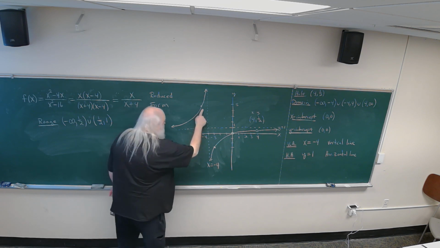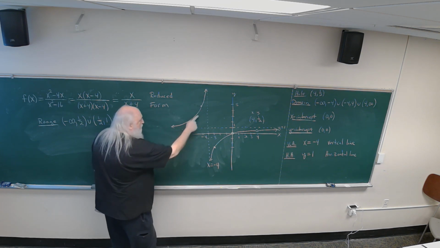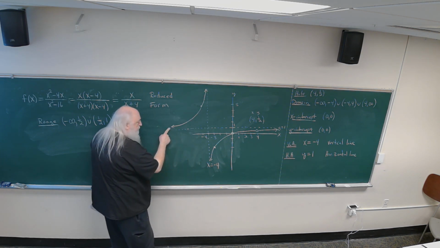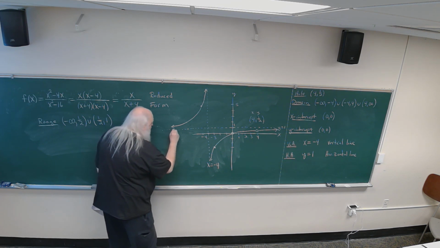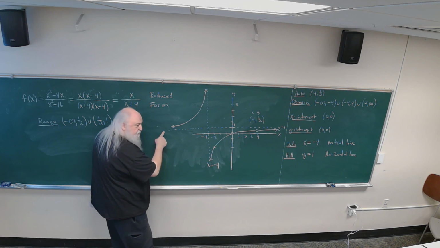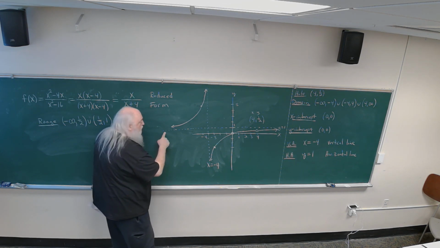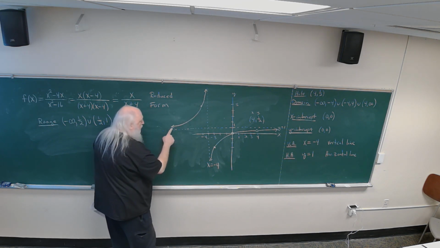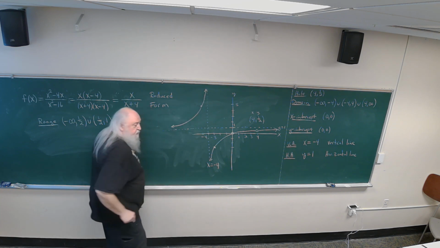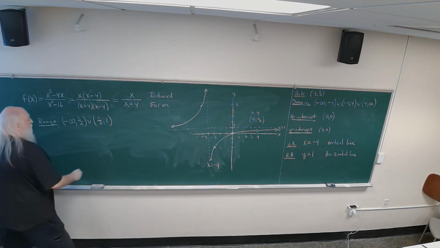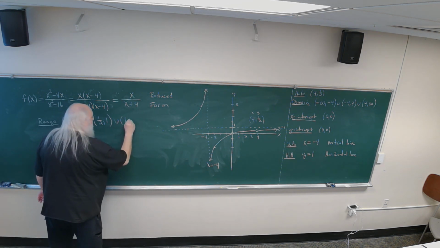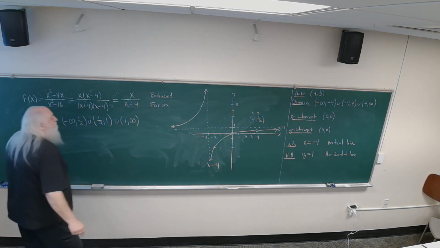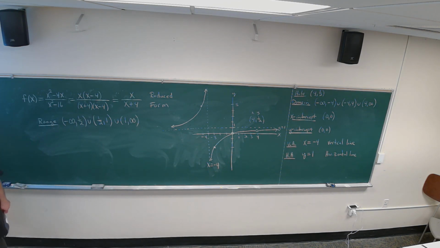But as we go out to the left, the y-coordinates decrease, but because the graph never crosses or touches the horizontal line y equals 1, the y-coordinates are all greater than 1. So for this part of the graph, the y-coordinates are greater than 1, but they increase without bound. And so for that part of the graph, the range is from 1 to infinity.